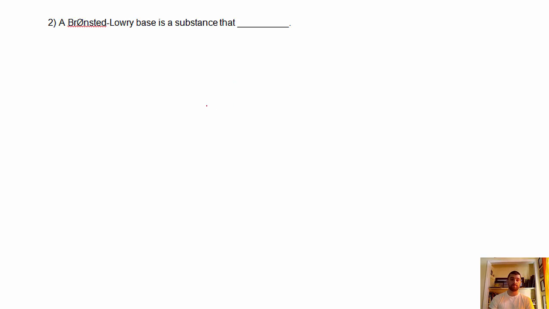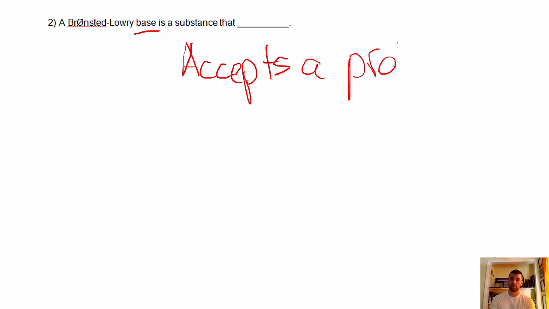All right, a Bronsted-Lowry base is a substance that accepts a proton. Now, the verbiage on this is a little different, right? So an acid for the Arrhenius definition gives off an H plus. For Bronsted-Lowry, we don't call it an H plus, but it's essentially the same thing.